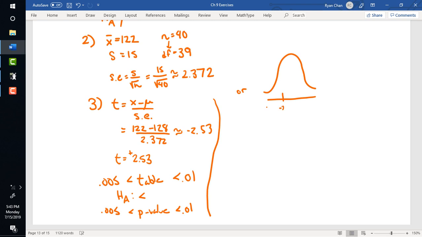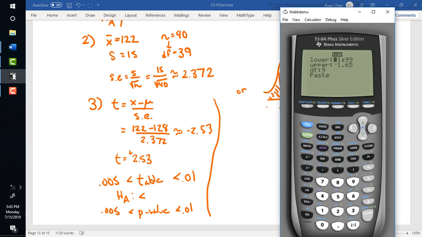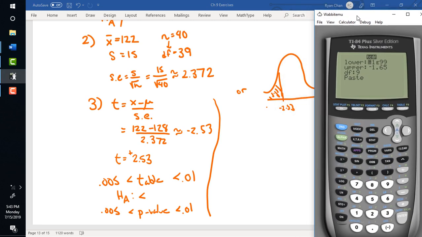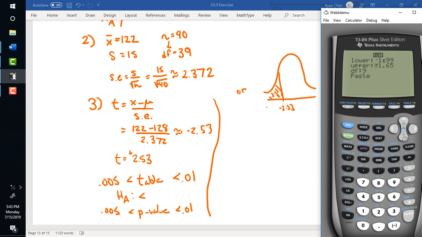Negative 2.53 is here, and it's less than, it's going to go this way. Okay? So if you look at your picture, you're going from negative 1E99 to negative 2.53, because that's your t-score. Your degrees of freedom is going to be 39. And then you'll hit enter.